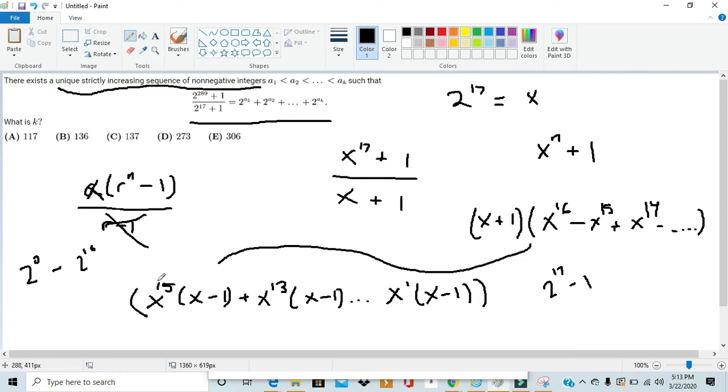So we realize that the number of 2's involved is the 17 in here times the 8 different coefficients that multiply onto it. So we got 8 times 17, which gives us already 136.